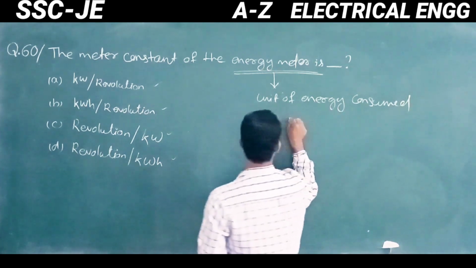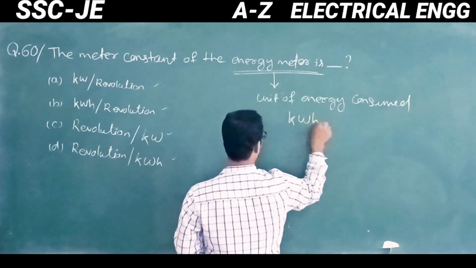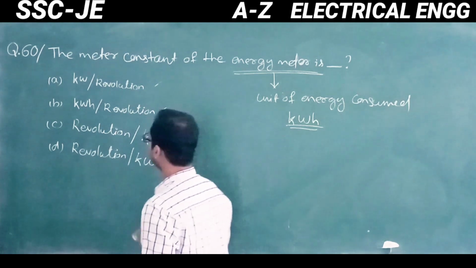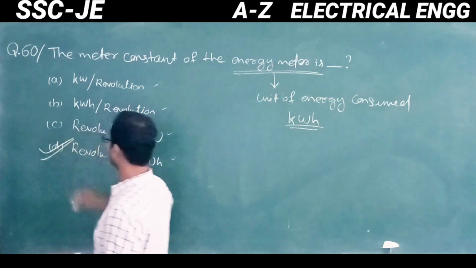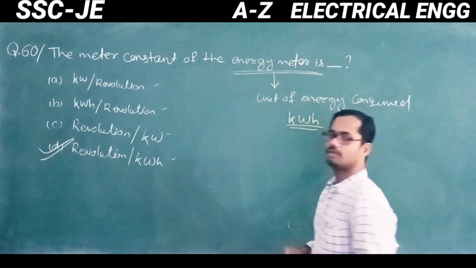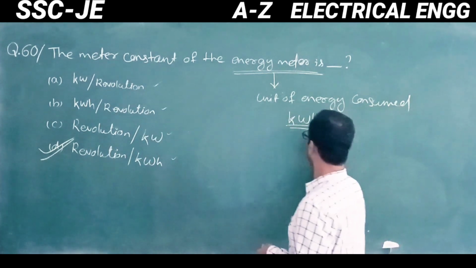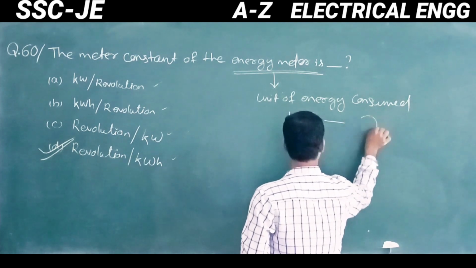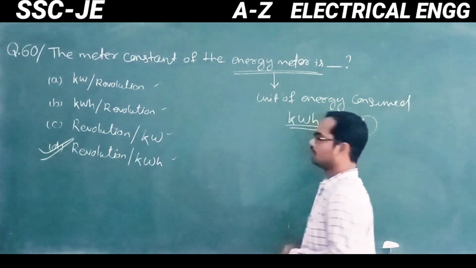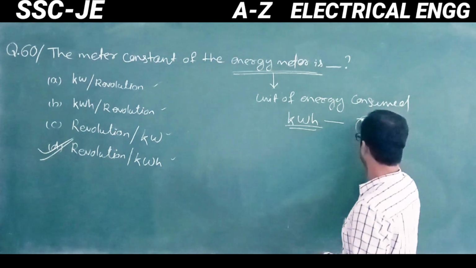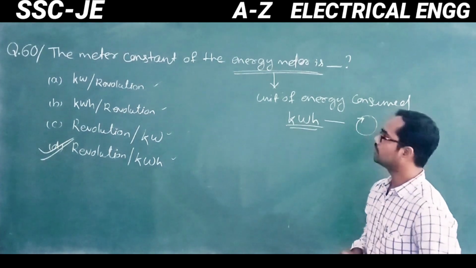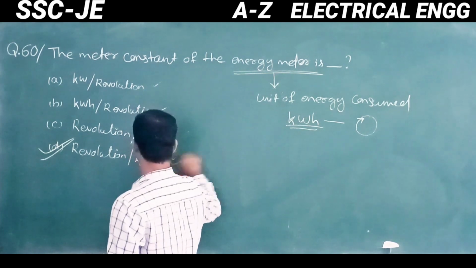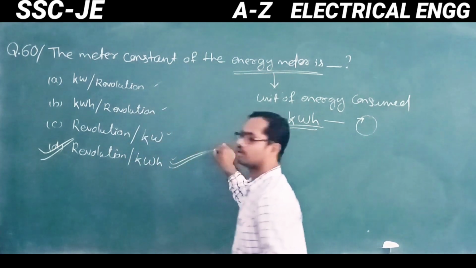So, the unit is kilowatt hour. Okay. So, from these 4 options, the meter constant is defined by revolution per kilowatt hour, meaning for 1 kilowatt hour, what is the number of revolutions, whether 1 revolution, 2 revolutions, whatever. So, this is the meter constant and it is expressed in revolution per kilowatt hour. So, option D is the correct answer.